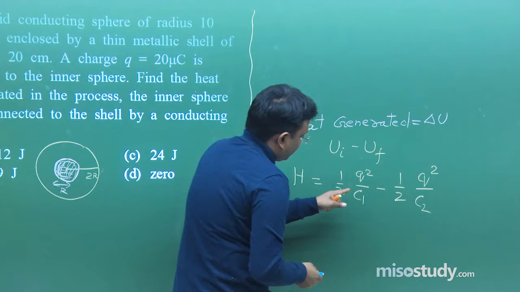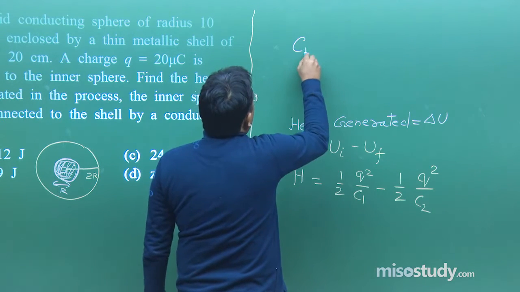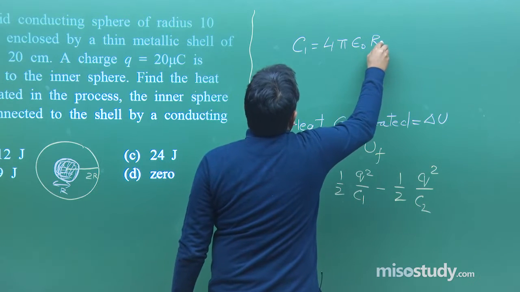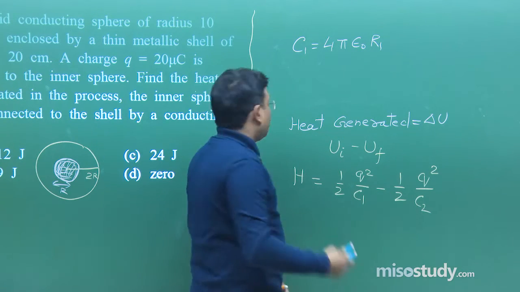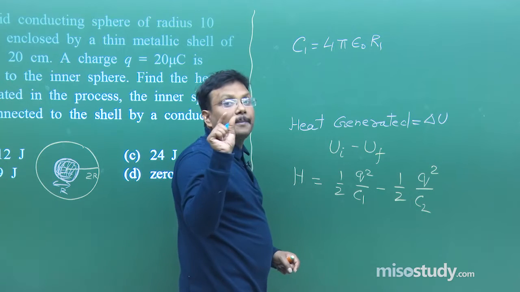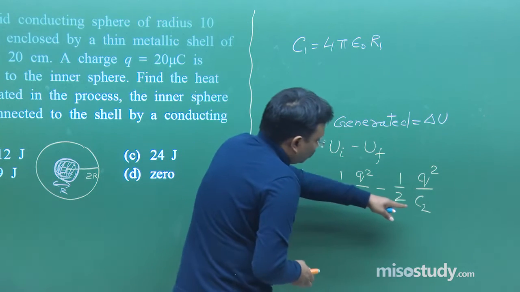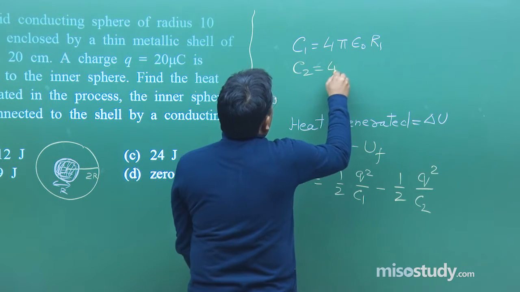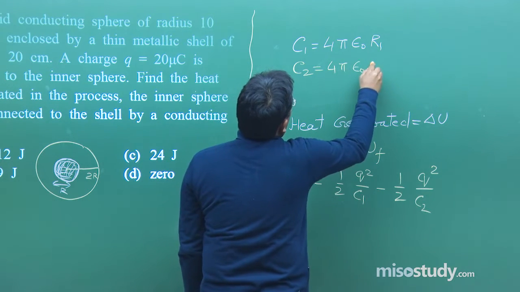Now, consider from here what you can say, that C1 is equal to 4 pi epsilon naught R1, and in my problem R1 is how much? Capital R, and C2 is equal to 4 pi epsilon naught R2.